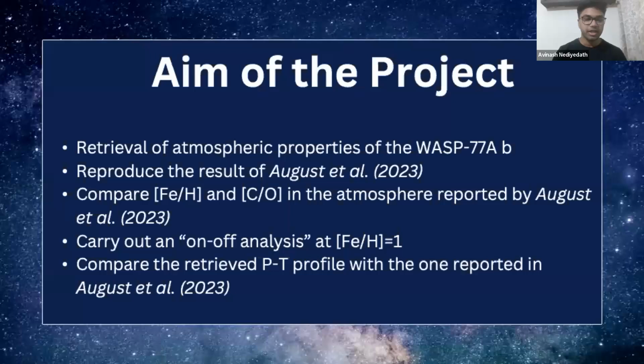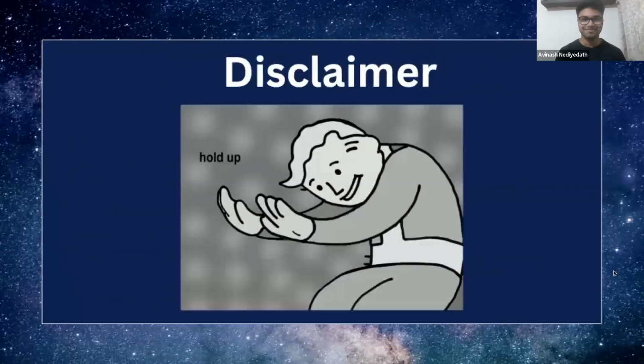We will also be carrying out an on-off analysis, and the metallicity equal to 1, which is going to be 10 times solar. And we will also be comparing the retrieved pressure to temperature profile with the one reported in the research paper as well. So next slide.